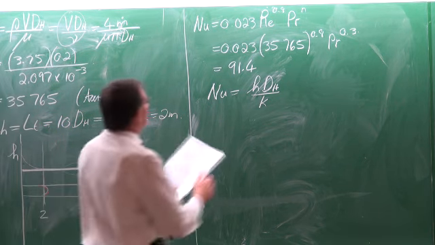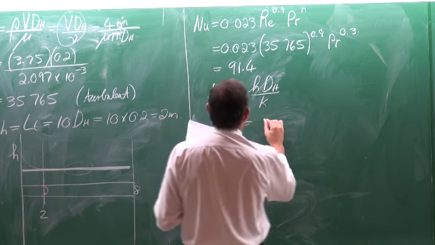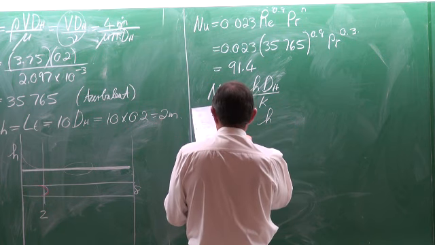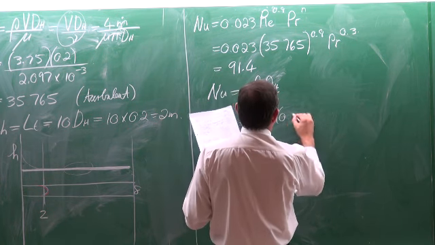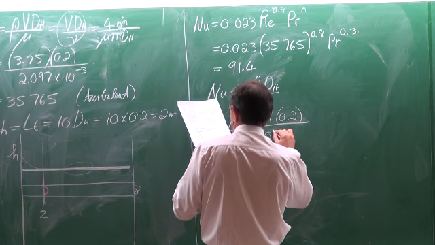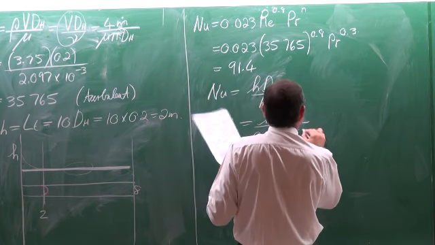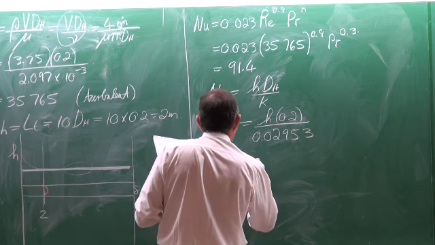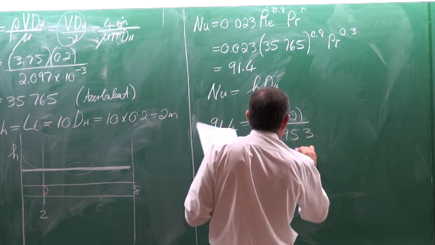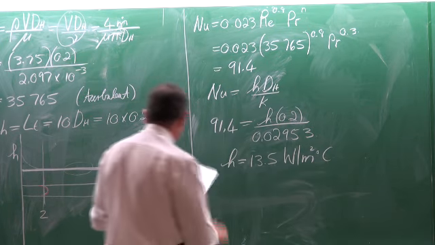So the Nusselt number we have calculated as 91.4 is equal to the heat transfer coefficient, which is what we want to calculate, multiplied by the hydraulic diameter, which is 0.2, divided by the thermal conductivity, which is equal to 0.2953. And from this we can calculate the heat transfer coefficient as 13.5 watts per square meter degree Celsius.